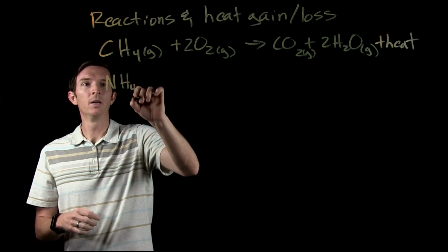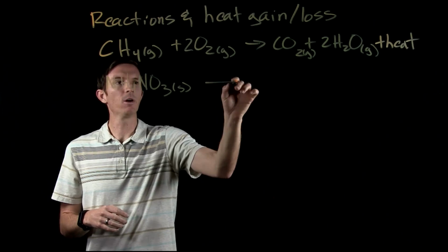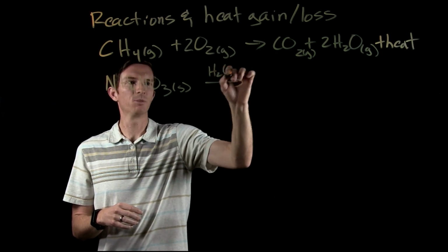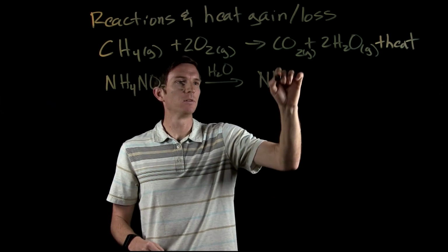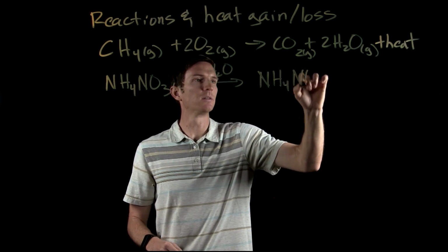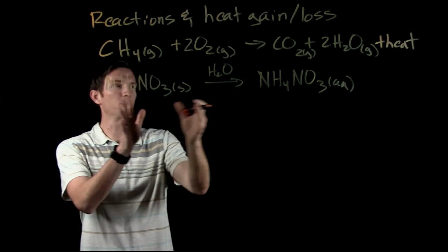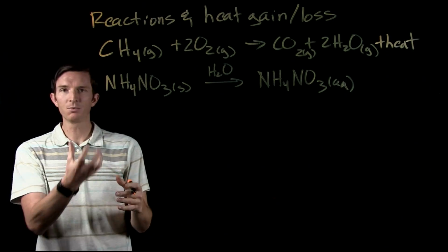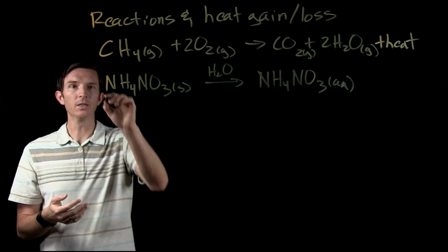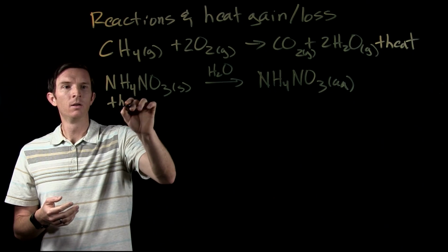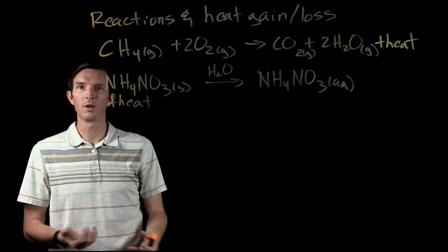If we take ammonium nitrate and dissolve it, so we just put it in water, we would say it is now aqueous, so all we've done is change the physical state from solid to aqueous. Now if we felt the beaker that it happened in, it would actually feel cold, so we can say it must be absorbing heat, which is why it feels cold.